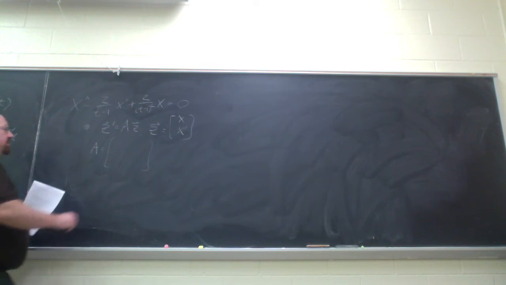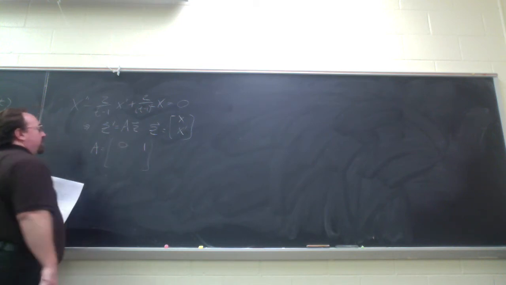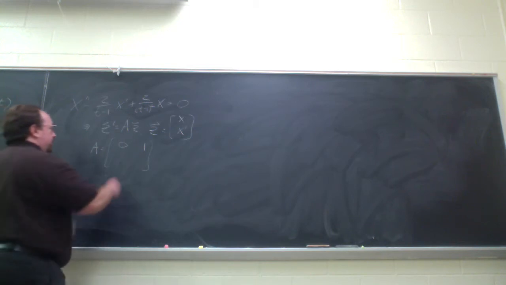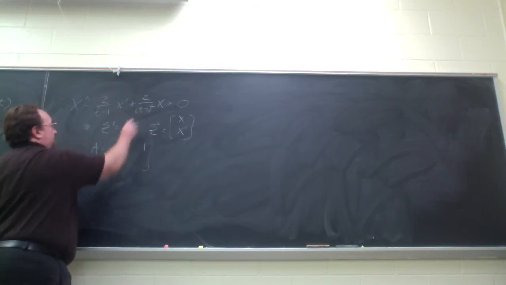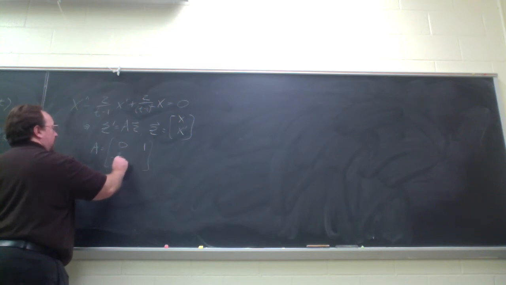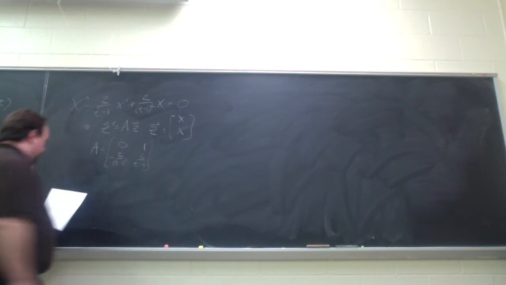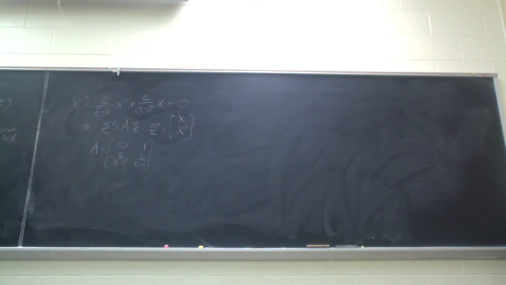So you just have 0, 1 for your first row, because you start out with your 1 in the second position and then go on down from there. But then your last row are the negatives of your coefficients. So over here we have the negative of this coefficient, so minus 2 over t minus 1 squared, and then here we have the negative of this coefficient, 2 over t minus 1. Okay. So that's how that second order equation, and we've rewritten these as first order systems before. That's not new, but just expressed in this matrix form.